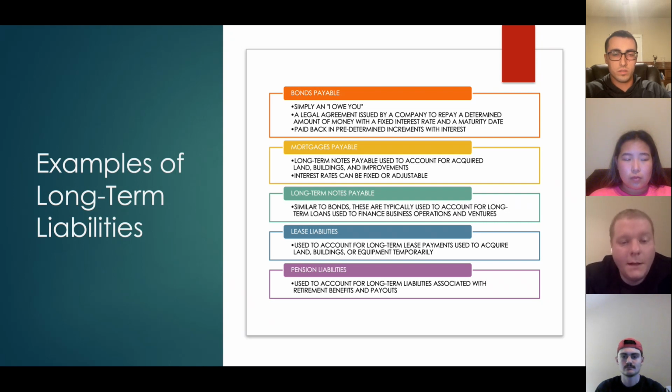Lease liabilities, very similar to mortgages, are used to account for long-term lease payments, used to acquire land, buildings, or equipment temporarily. Last, you have pension liabilities. These are used to account for long-term liabilities associated with retirement benefits for retired workers and retirement payouts.